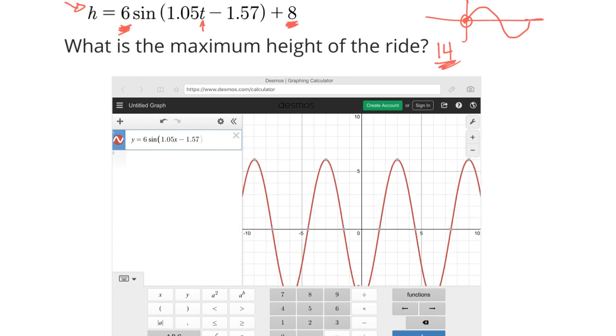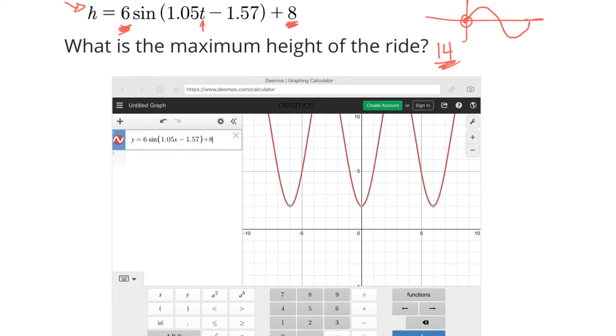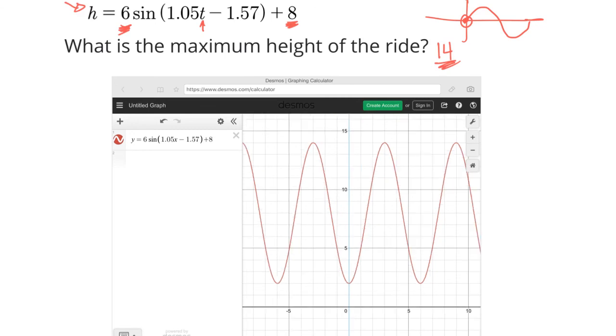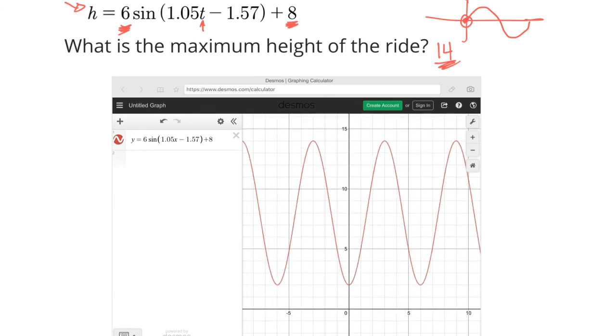Everything looks fine so far. Bracket. Plus 8. There we go. Okay. So let's take a look at our graph. Yeah, it looks like the highest it reaches would be 14. So right there would be 14. Okay, let's answer some other questions.